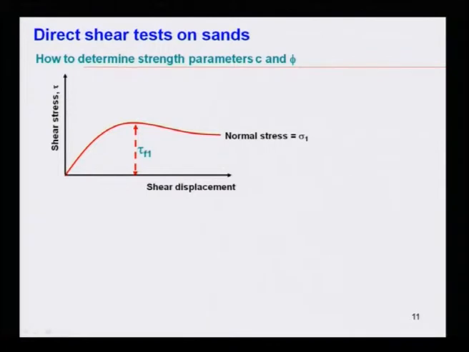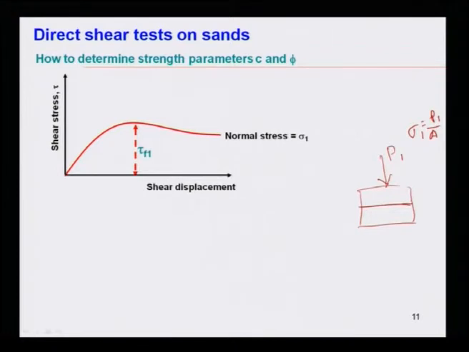Suppose this is my shear box. For one load, say P1, you applied, you will get a normal stress sigma 1, equal to P1 by A. For this normal stress you will get shear stress versus displacement, allowing the soil to shear in a predefined failure plane.